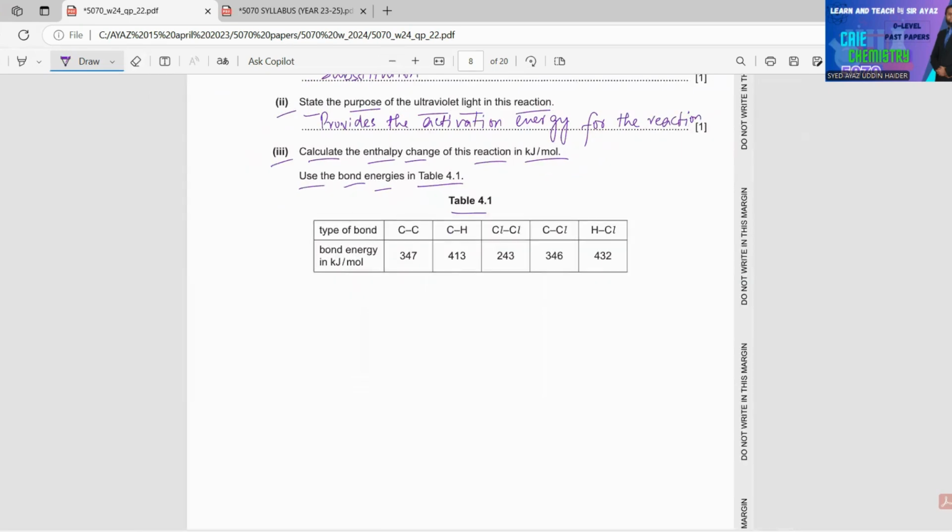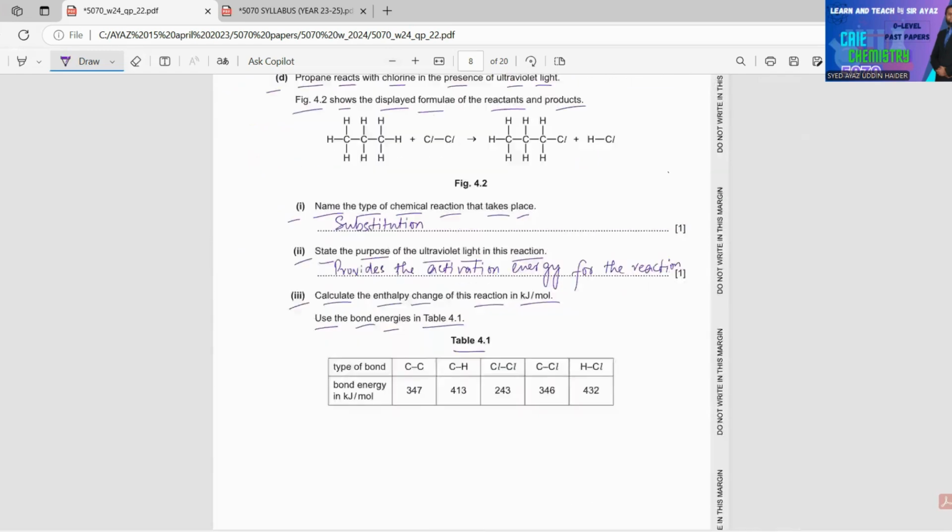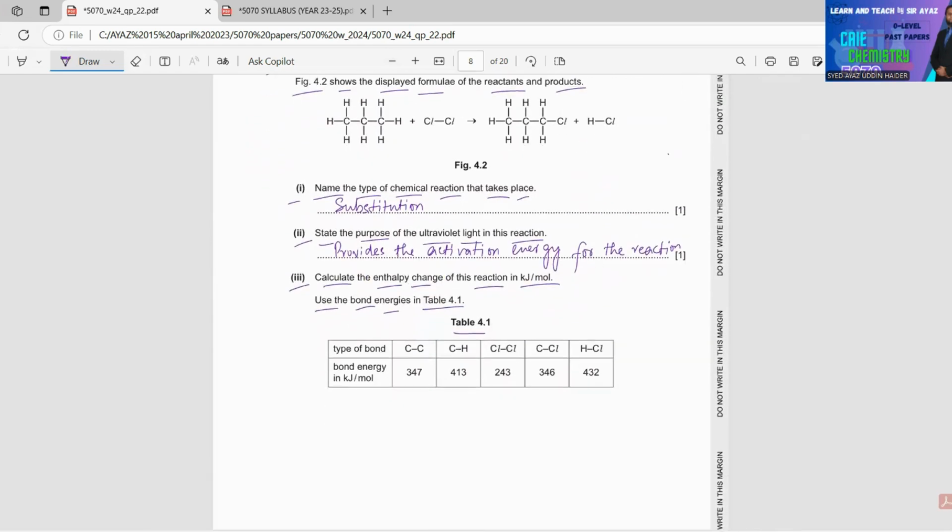Now what I am going to do, I will write down the reaction here. First of all, here's the reaction. We have 1, 2, 3, Cl, Cl, and we are getting 1, 2, 3, HCl.